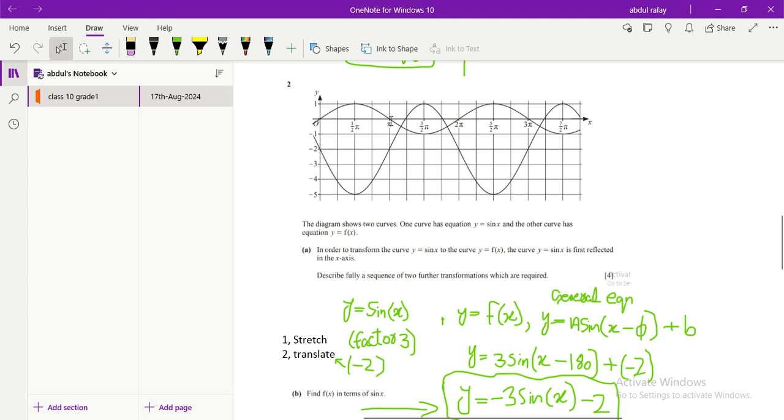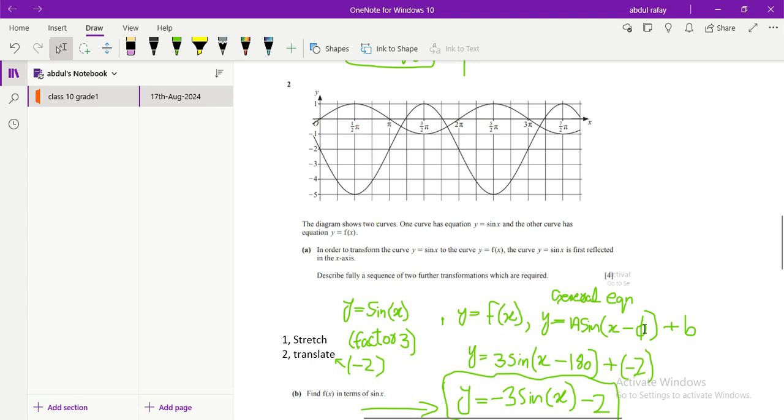Here is pi, and this is a half wave of sine x, and here we also have a half wave of sine x, but they are opposite to each other, which means they are out of phase by 180 degrees.